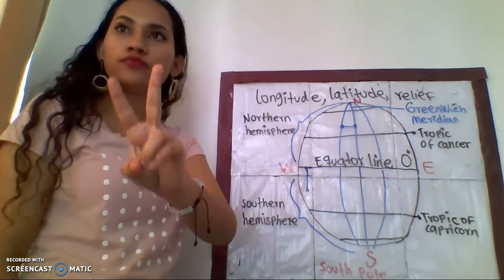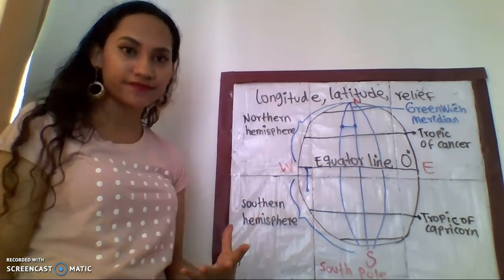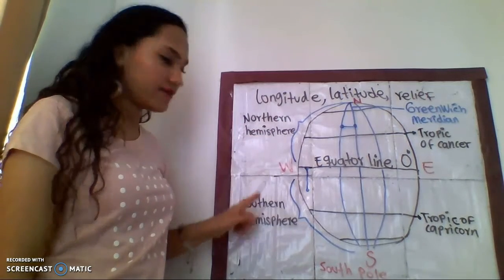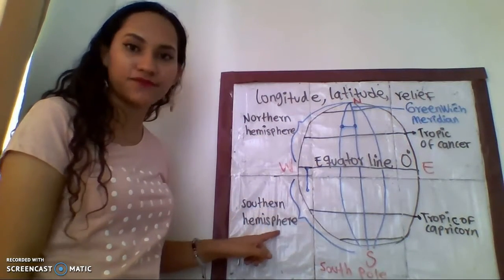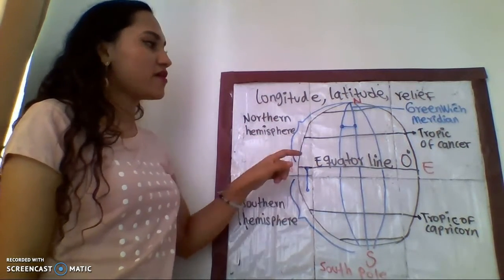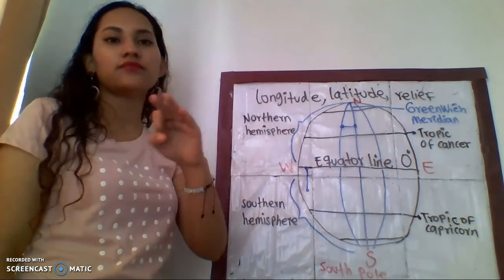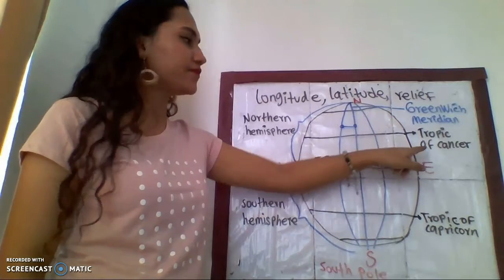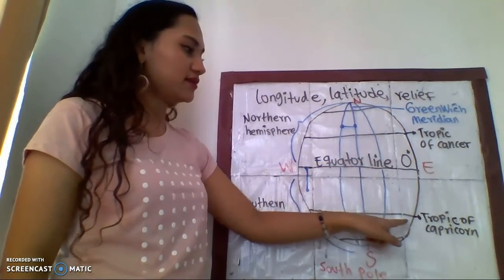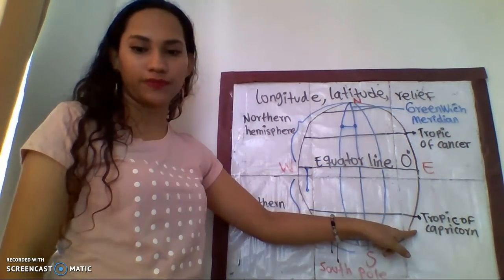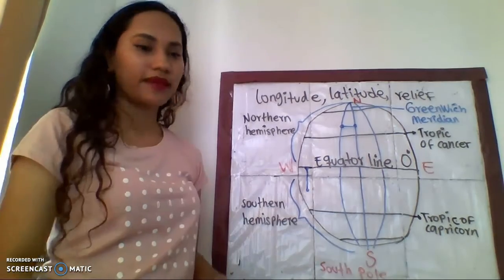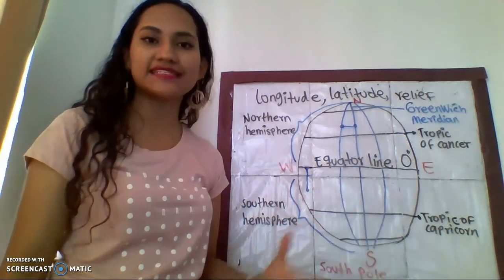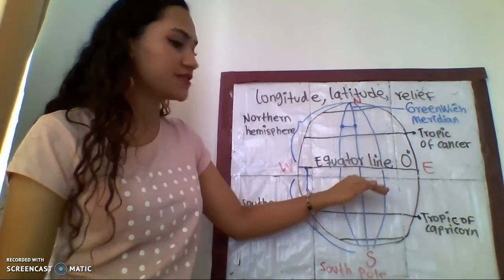And there are two hemispheres, the northern hemisphere and the southern hemisphere. There are three main parallels. There is the Tropic of Cancer, the equator line, and the Tropic of Capricorn. Now, these tropics are used to know what is the climate in each of these parts.